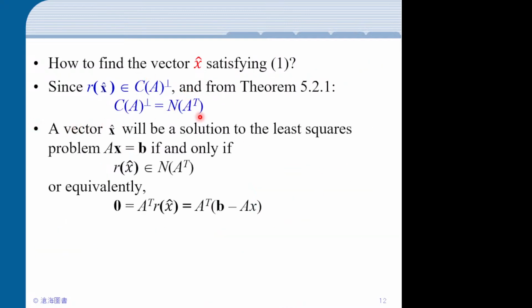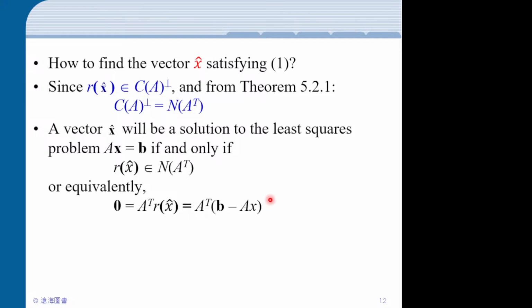And finally, we can use our regularity thing, and then we know that C of A complement is the null space of A^T. Okay, this is the thing we just talked about in this lecture. So now we change our condition to r of x inside null of A^T. This means A^T times r of x equals 0.